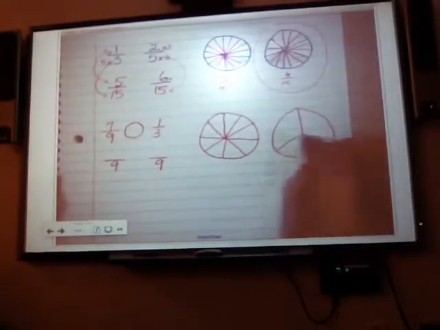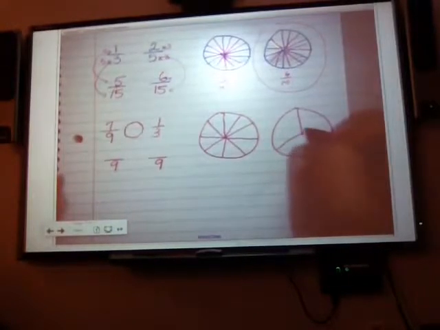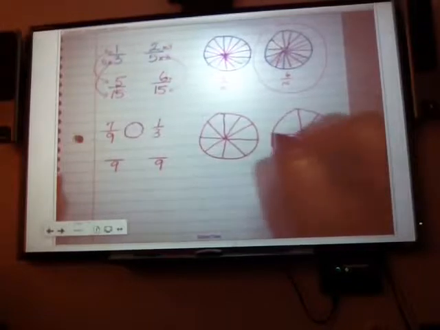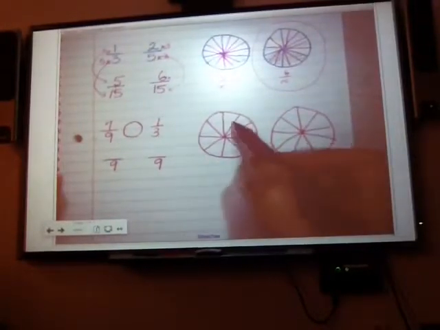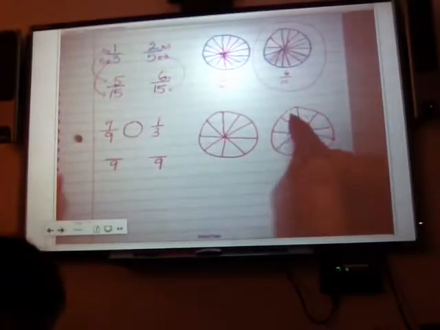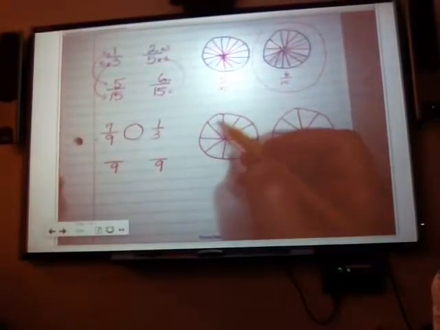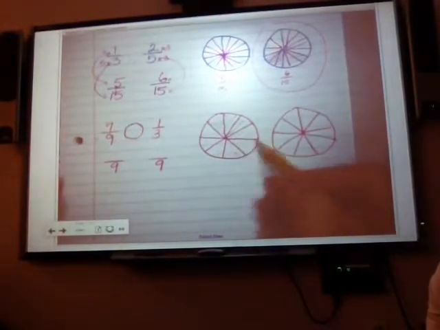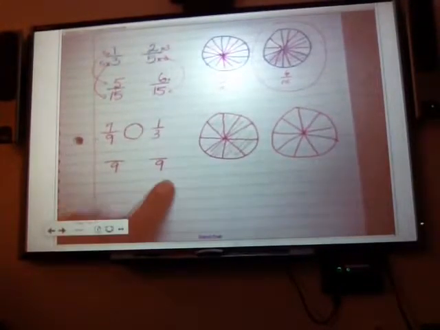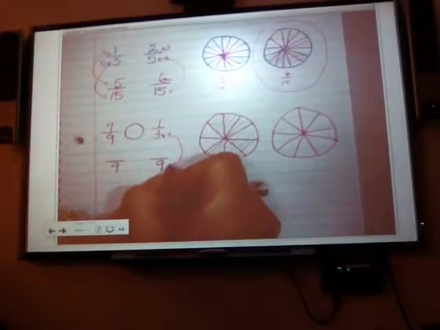How can I make my thirds into 9ths? Times 3, so I can split them up 3 times. 1, 2, 3, 4, 5, 6, 7, 8, 9. Absolutely. So this is my 7/9, and it's no longer 1/3. What has it been renamed to? Well, what did I do? 3 times 3 is 9.